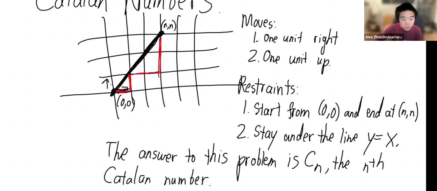Charlie, I saw you wrote 2n choose n minus 2n choose n minus 1. That formula is correct. In fact, you could also simplify it to 2n choose n over n plus 1.